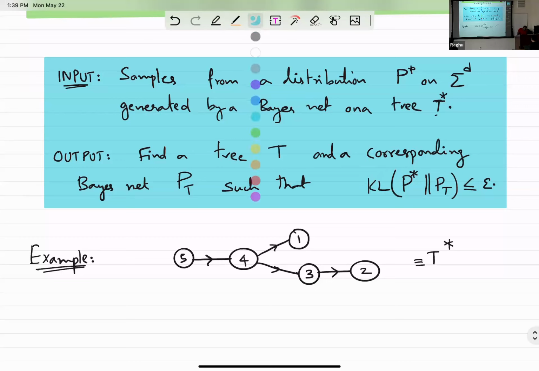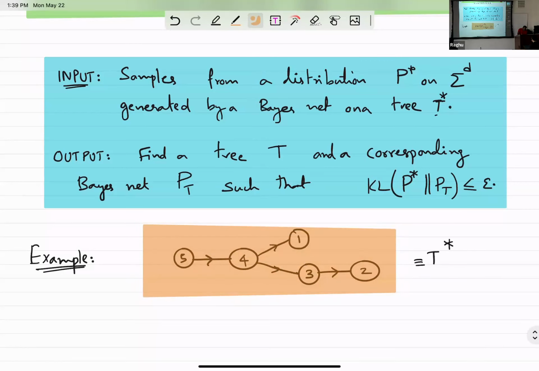It's hidden from us. Okay, but we do see samples of the form x1, x2, x3, x4, x5. Given samples like this, we want to go back to recovering this tree. How would you go from one to the other? Any suggestions? What could make us identify the right tree structure? Any guesses?